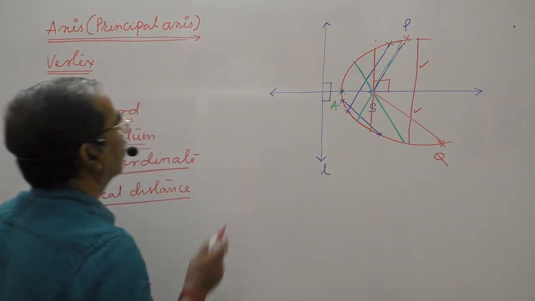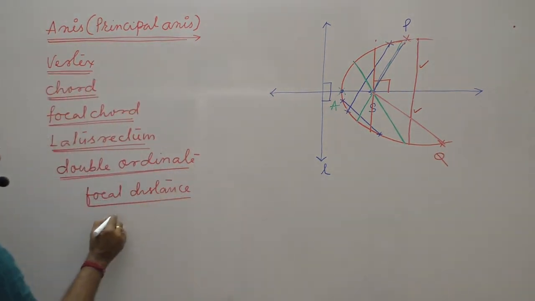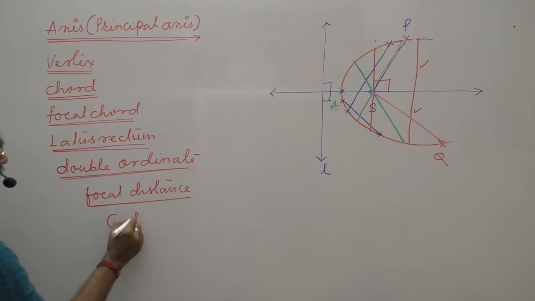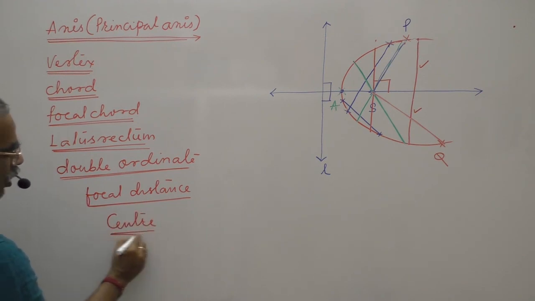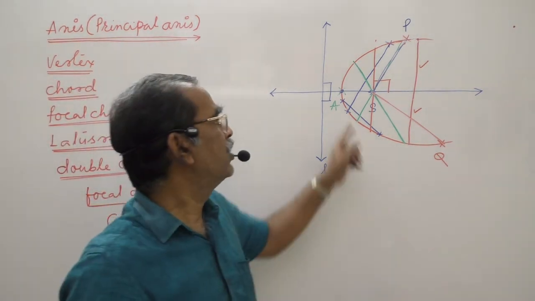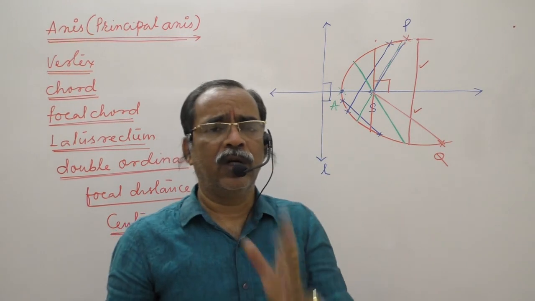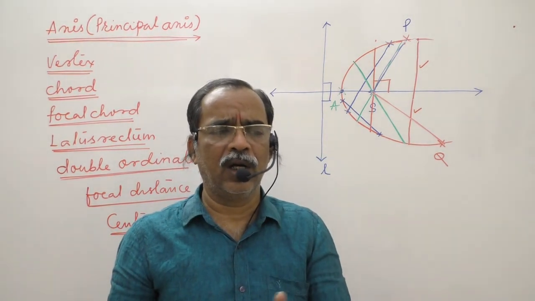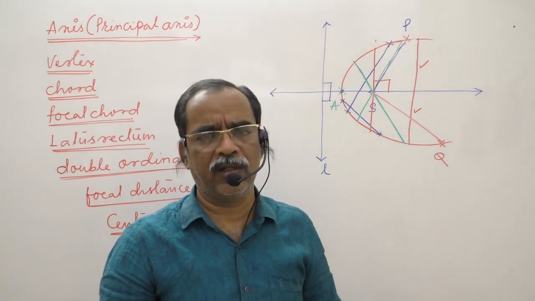We forgot one more word, which is center of the conic. What is the center of the conic? See now. I said, what is vertex? Vertex is the point where the conic crosses the axis.